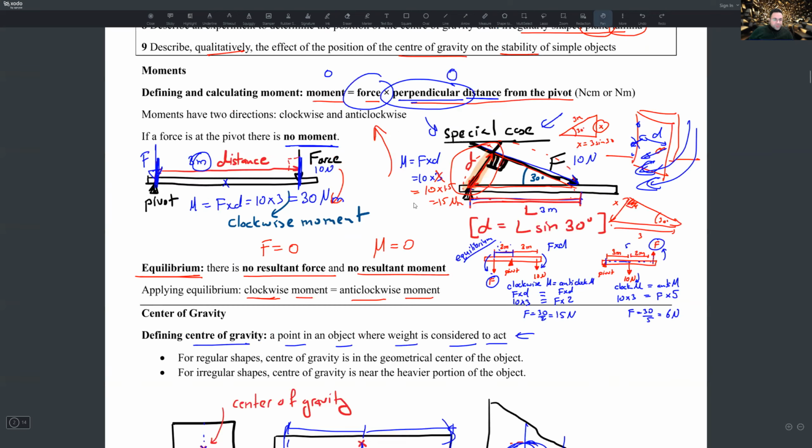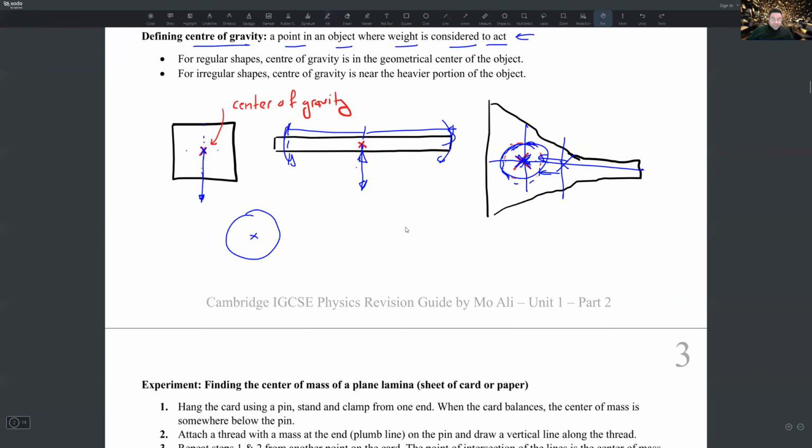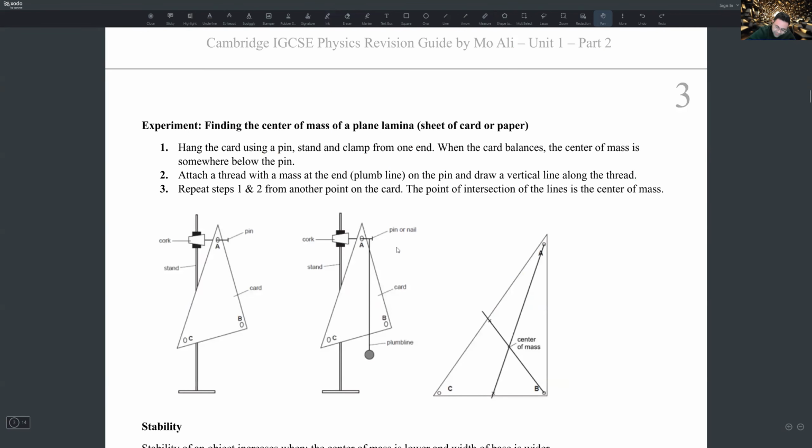Okay, you'll ask me, Mister, what's this experiment they mention? An experiment to determine the position of the center of gravity of an irregularly shaped plane lamina. That was a mouthful. What do I mean? I mean that if you have a sheet of paper like this one, for example, pull out a sheet of paper now. There.